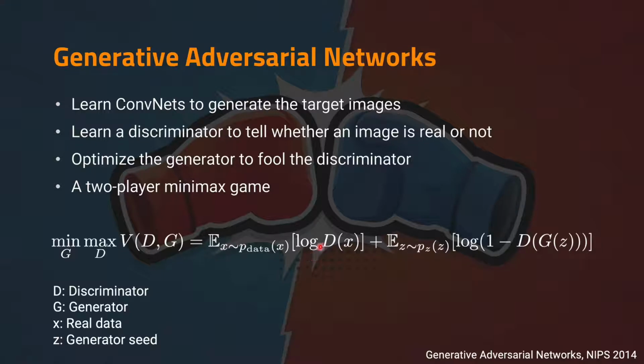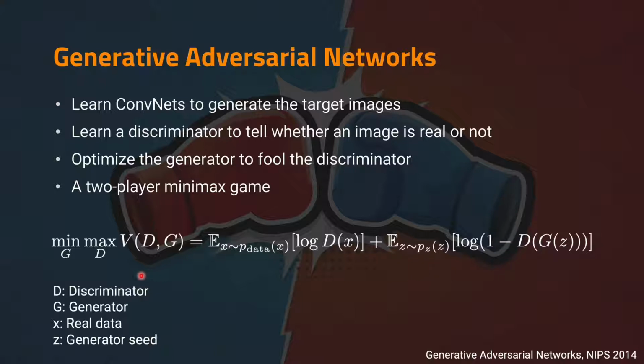And here again, we are optimizing the log likelihood. The other component is that we want to minimize the probability that the generated image is determined as real by the discriminator. And of course, if we want to do a minimization, we can just take the inverse of the discriminator output.